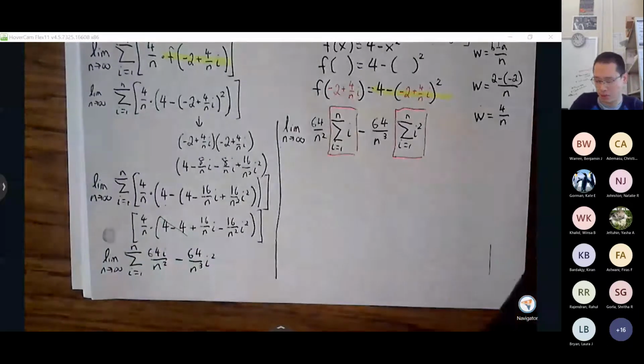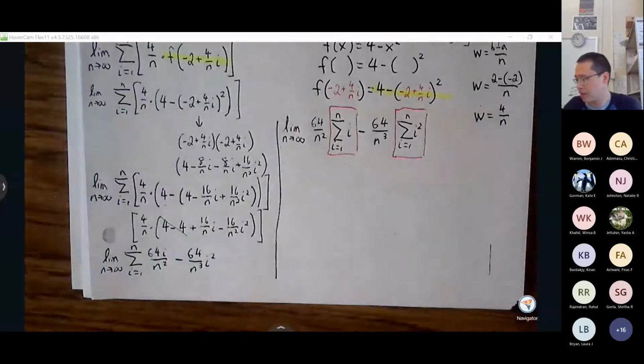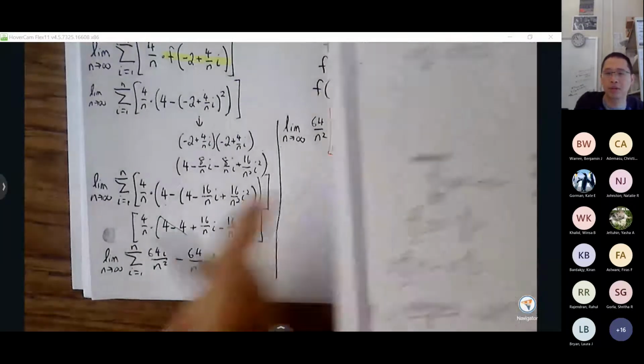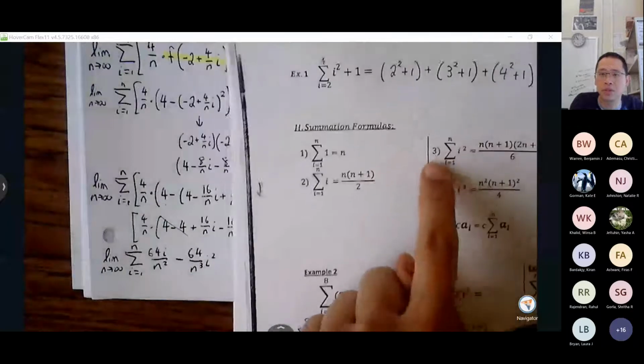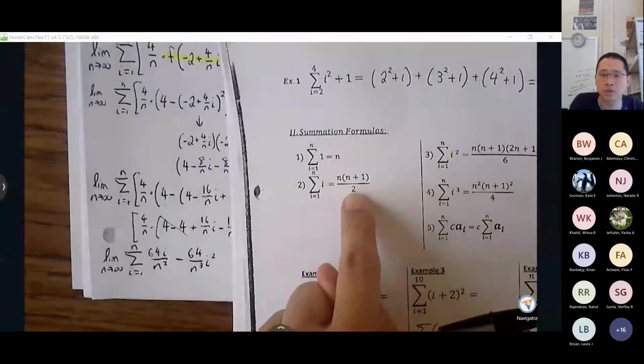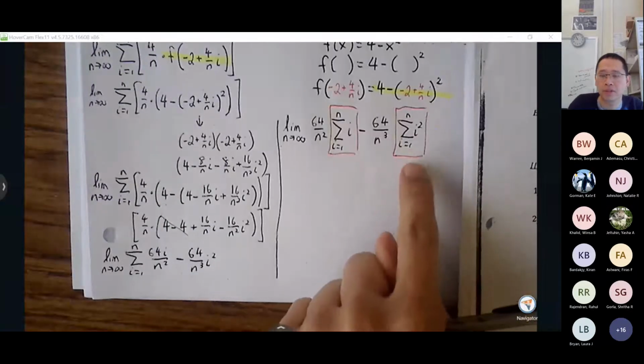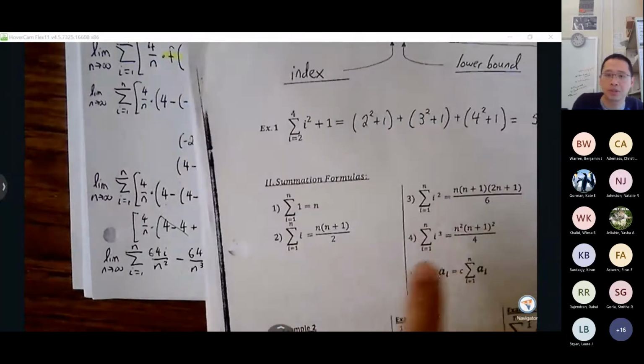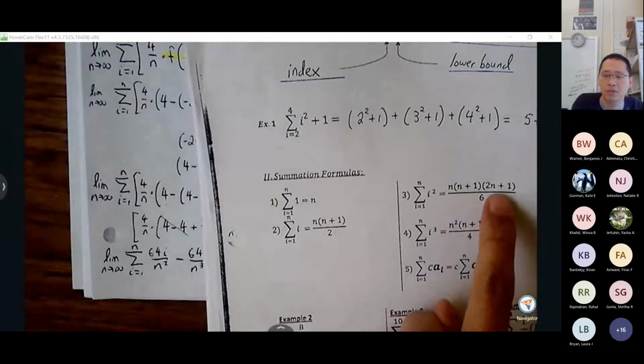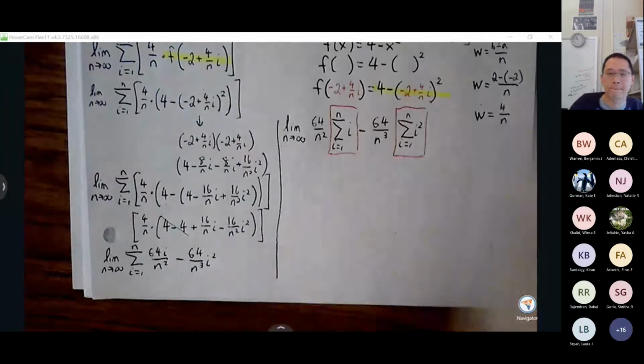Okay, so we go to the first page of our packet, get that summation i rule, which is just going to be n times n plus 1 over 2. And we also have a substitution for that summation i squared: n times n plus 1 times 2n plus 1 all over 6.